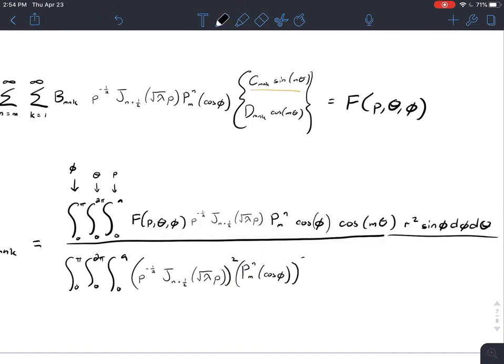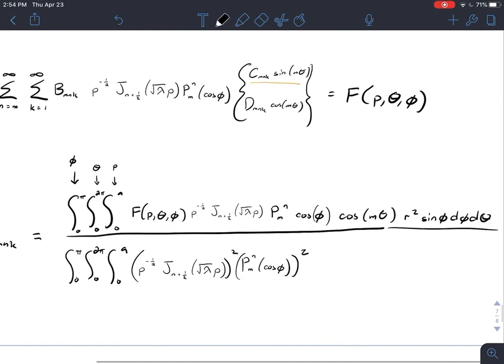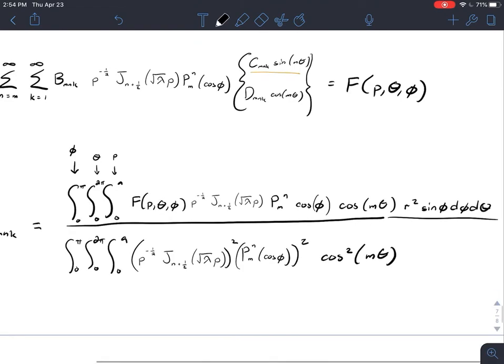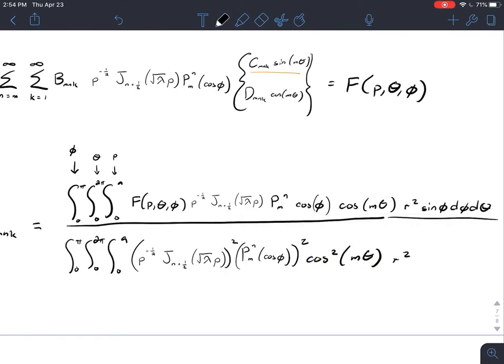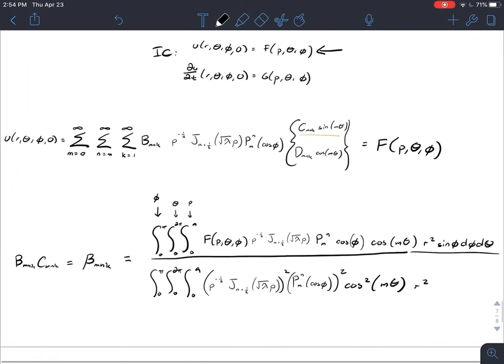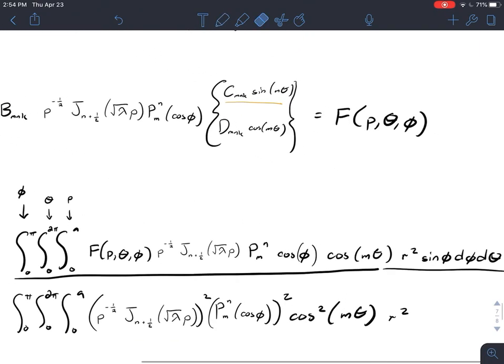So we could evaluate all these directly, but that's a little bit too much work. So we can just write in these condensed forms. Cosine m theta squared. R squared. Wait, oh, I'm solving for c. My bad. So this should be sine.